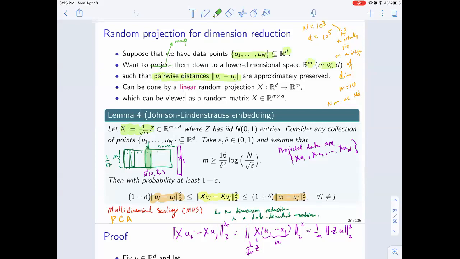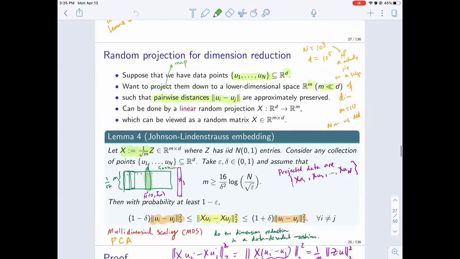Okay. So what we have here is, just to remind you, we talked about most of the ideas. I just want to briefly recap. The idea was that we have a collection of points in R^D.